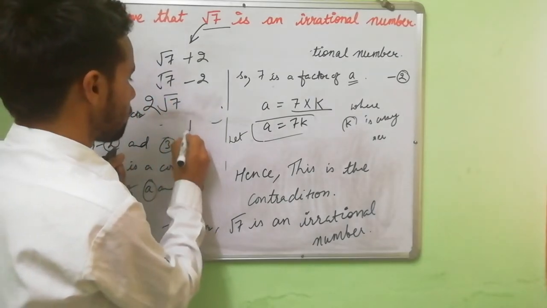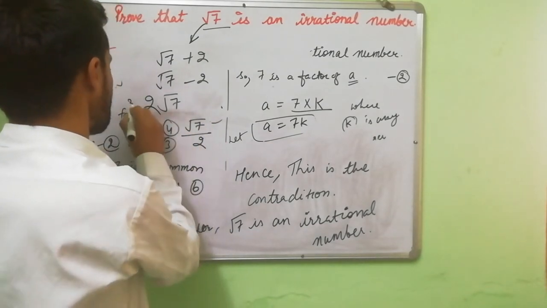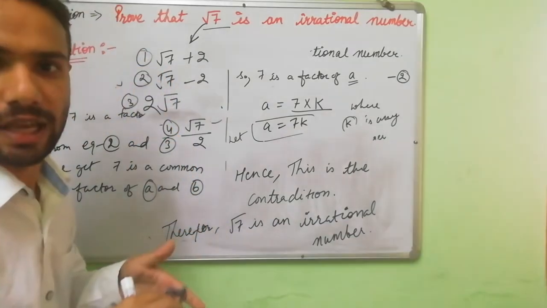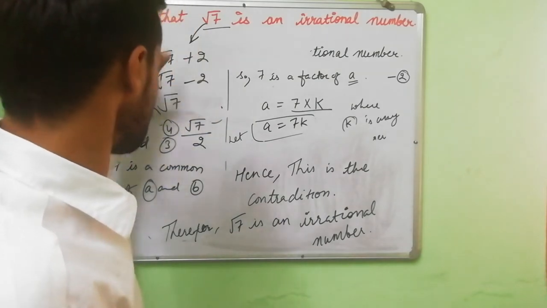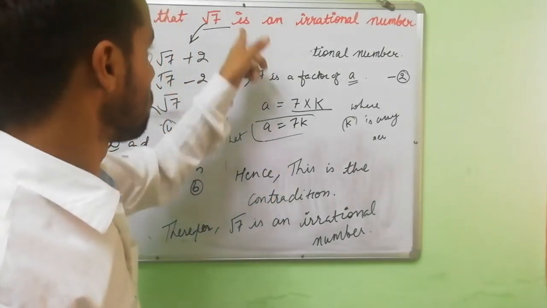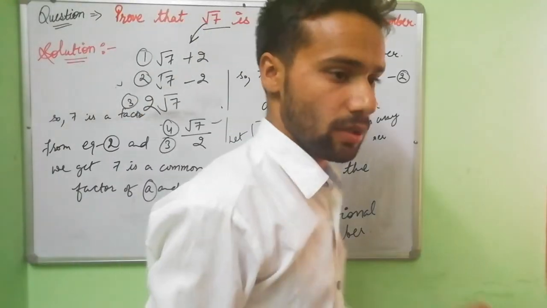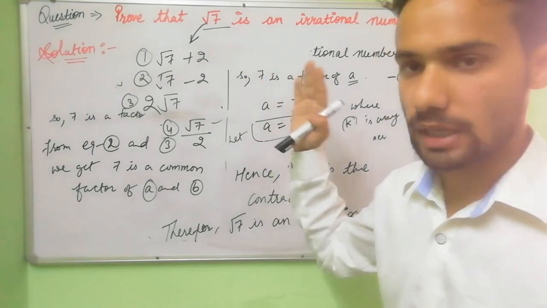It may come in this form, square root 7 divided by 2. So these are 4 questions which we solve in the next video. The procedure for solving these questions is different from this question. These questions you can solve in this way, but those questions we solve in a different way. So I will tell in the next video.